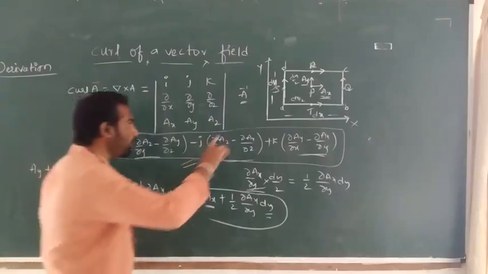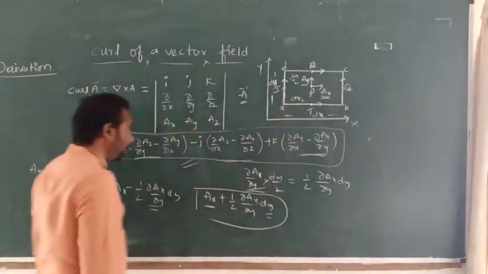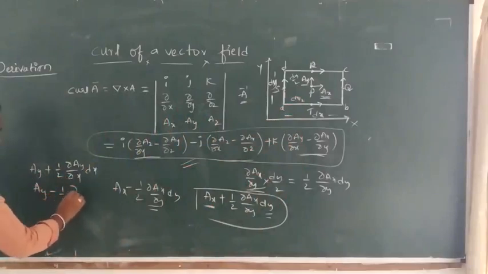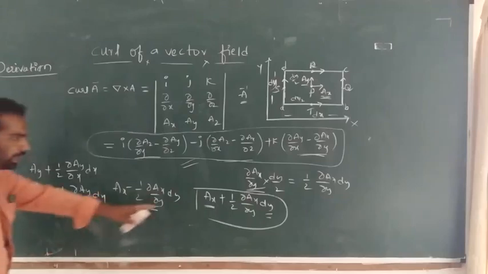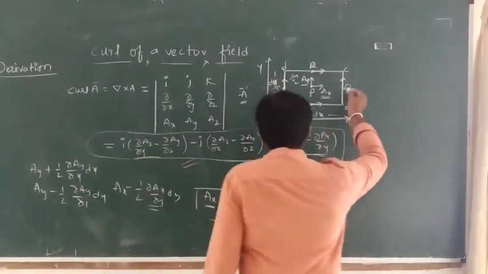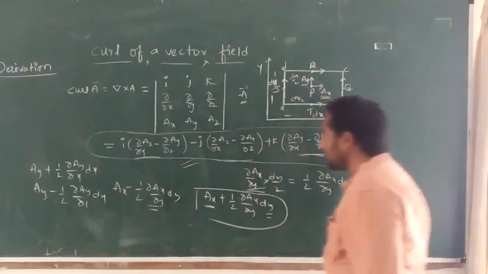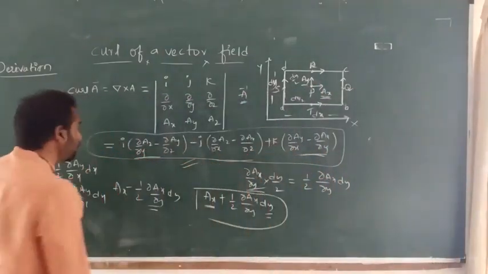Now the same value of Ay at s becomes Ay minus half dou Ay by dou x into dx. Similar to this, we are writing the value of Ay, how Ay is changing along the x axis.